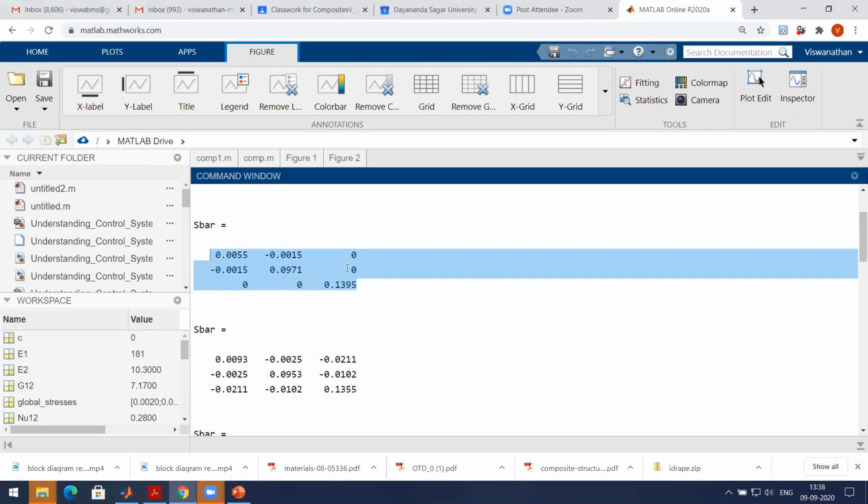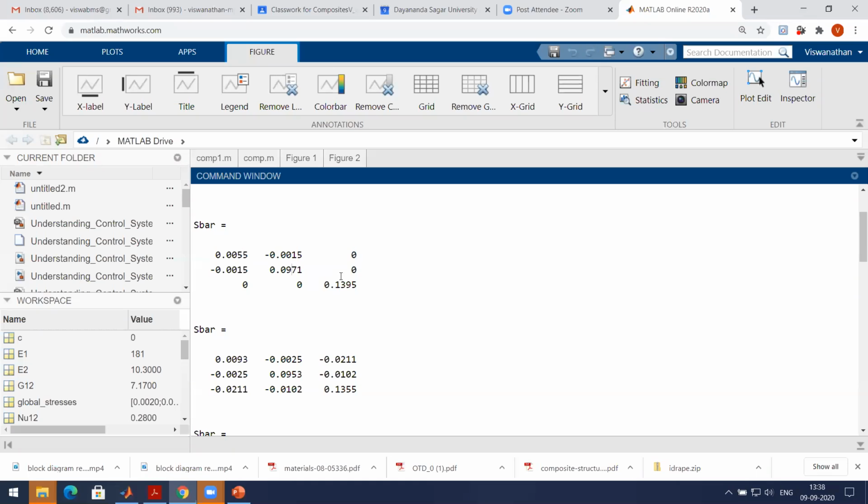So here, if you see this S16 bar, S26 bar, and S61 bar and S62 bar. Okay, this is for 0 degree ply. Okay, so this is same as S. This is same as S. So what you see here is these terms are 0. Okay, this is 0, this is 0, this is 0, this is 0.